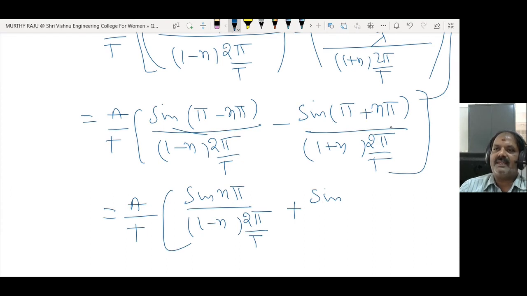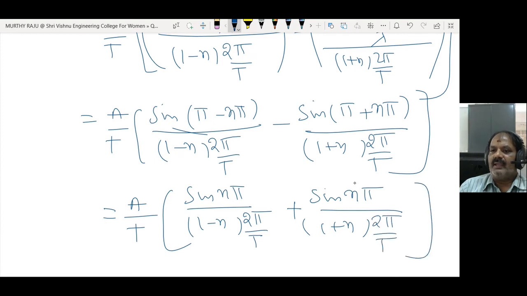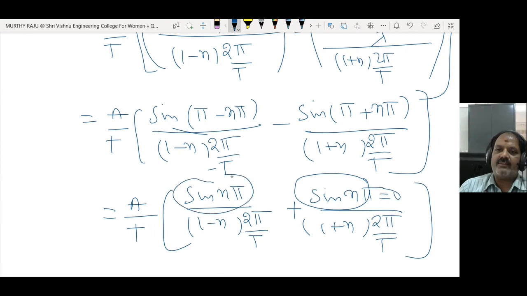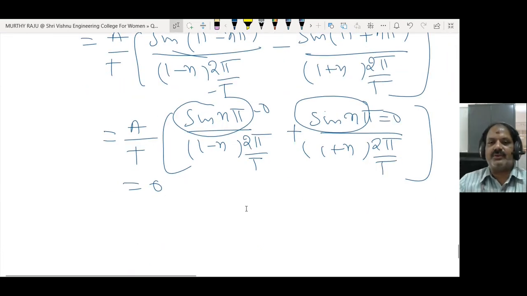Sine 180 plus theta is minus sine theta. Here minus into minus plus, sine n pi over 1 plus n 2 pi by T. This value is equal to 0. This sine n pi value is equal to 0. Therefore, finally, the Bn value is equal to 0.